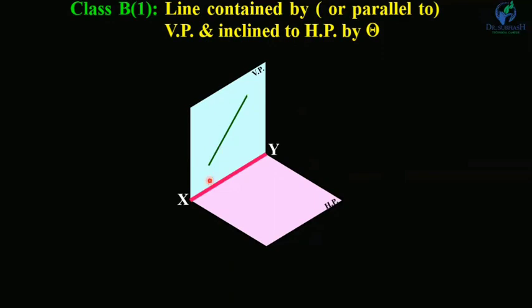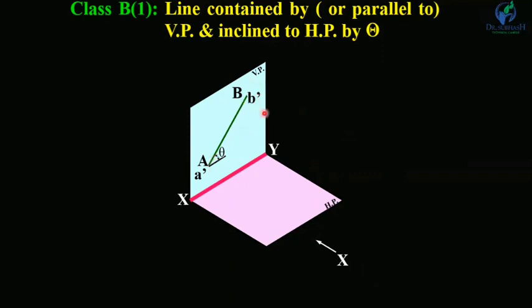Now you can see here, this line is on VP and parallel to VP and inclined to HP by angle theta. Here you can see original line AB is in VP. Now from this direction, the projections of this AB, A dash B dash.